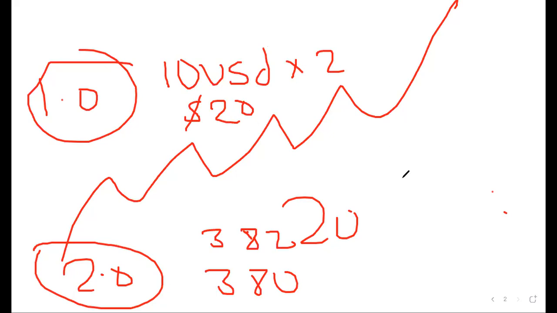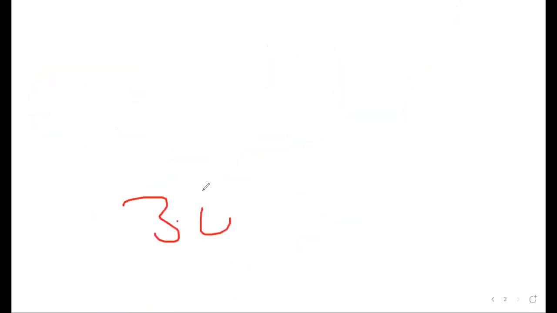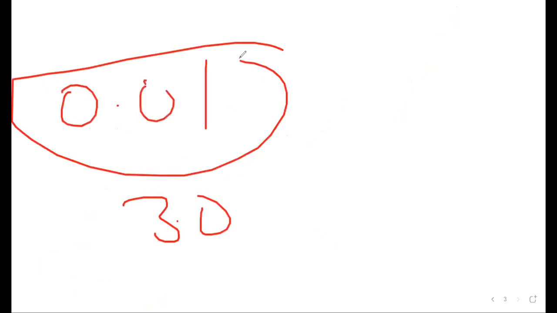Let's do this. What if the broker charges you 3 pips, okay? And then you use 0.01. How much are you paying on spread? Can you tell me the answer? Come again. Your lot size is 0.01.